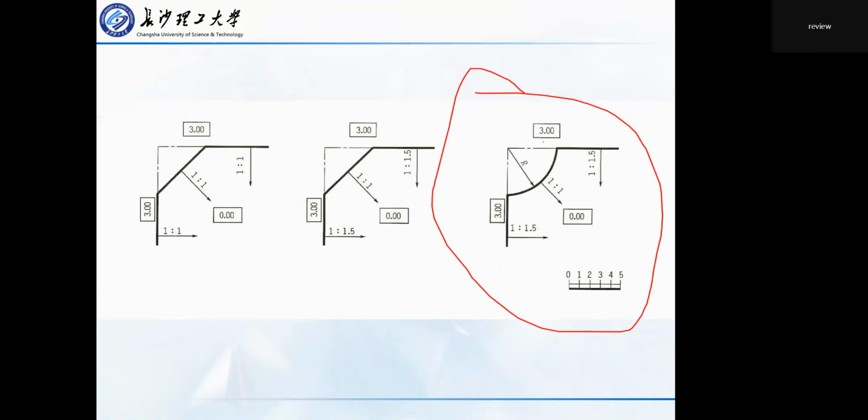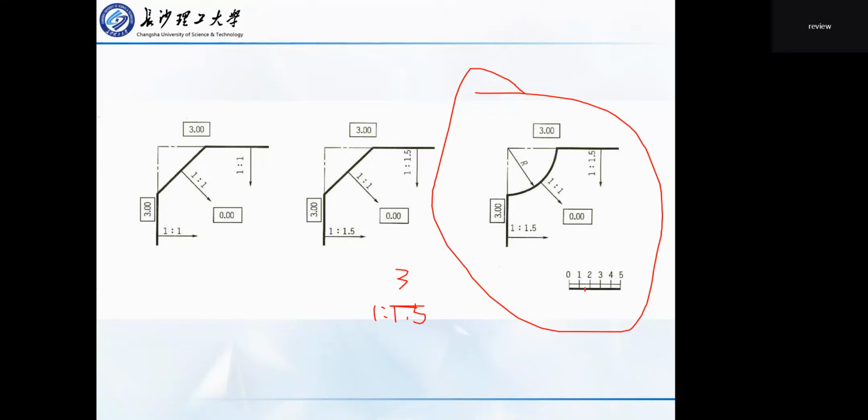So you can see the difference of every region is 3, and the slope is 1 to 1.5. So you can see where the contour line with the elevation of 2 is.